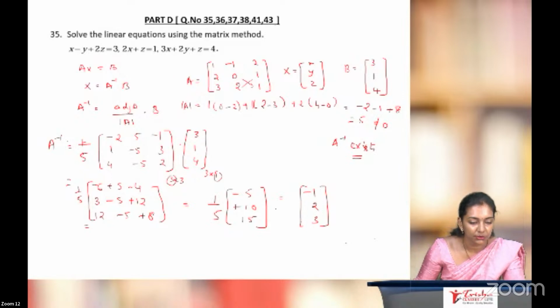So X equals A inverse into B. So here you have minus 1, 2, and 3. Therefore, x equals minus 1, y equals 2, and z equals 3.